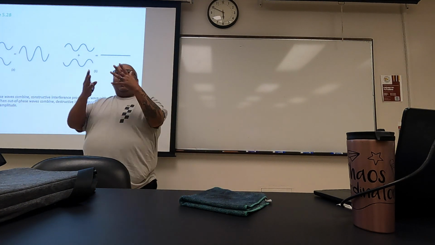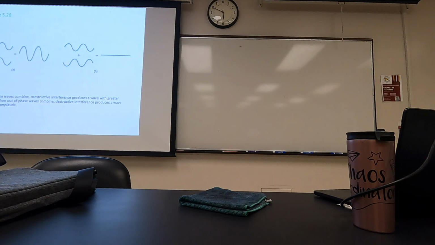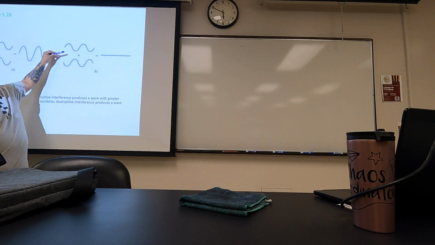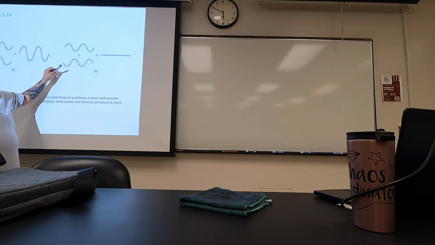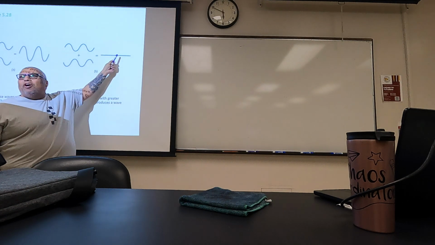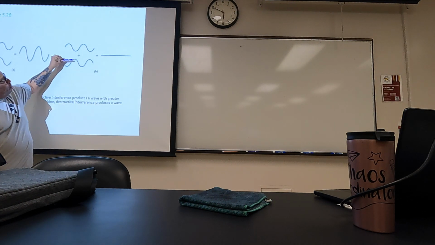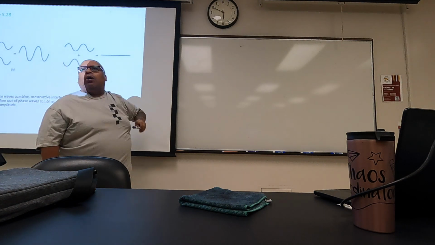Constructive waves add to the wave. These are in phase. So if I take this wave and this wave, and notice how they're both in sync here, this is constructive and it will add to the overall wave. Well, these are out of phase. And if we put these here, this is destructive. And we just get some node, right? Because this is interfering with this, and we just get some node here.